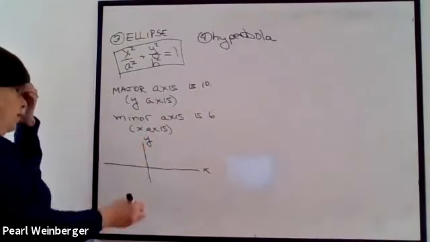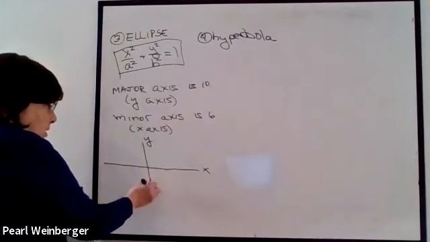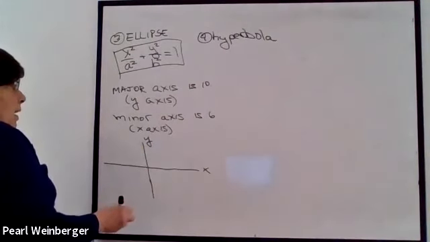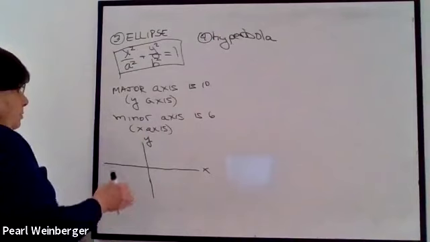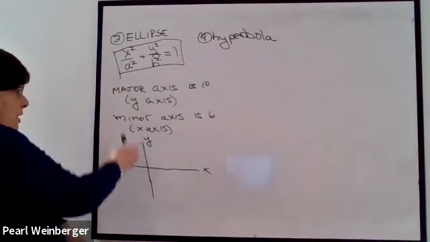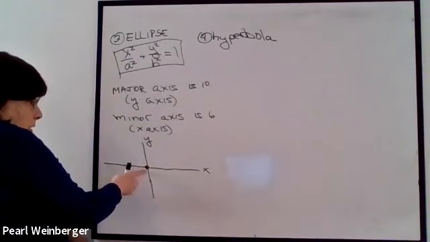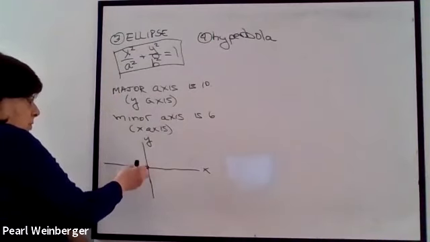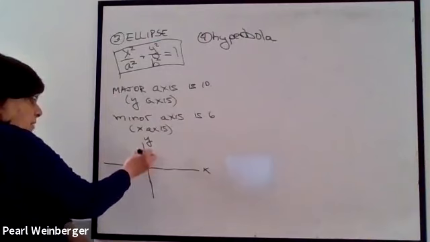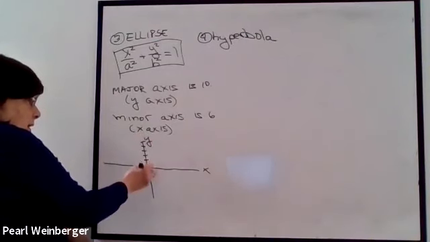So let's just, again, draw this. And we know the major axis is along the y-axis, and it's 10, which means from the center, which is at the origin, it's going up 5 and down 5.